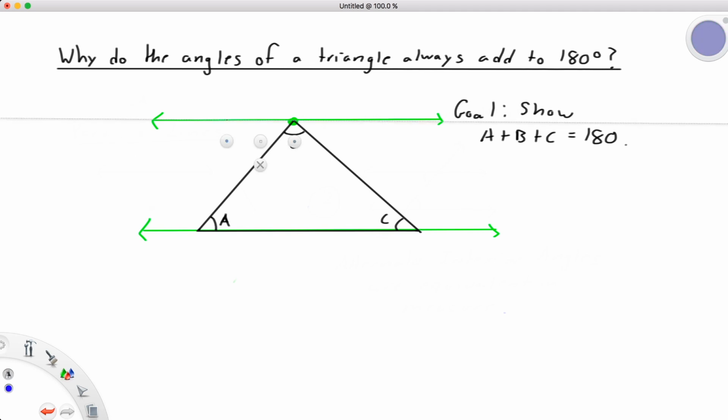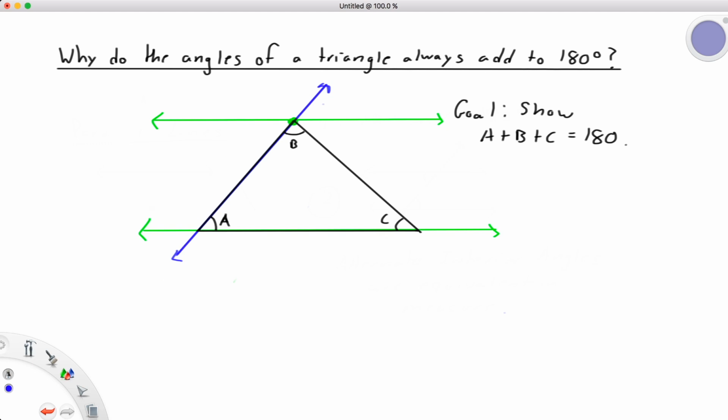Next, I'd like to take a look at this side AB, which I'll highlight in blue here. And let's imagine that along that line, we drew a line through each of the two green parallel lines. Now, this blue line here is a transversal between the two green lines, right?